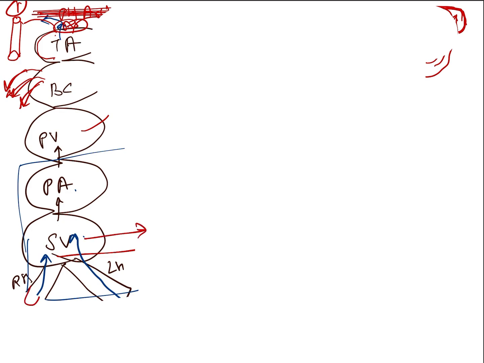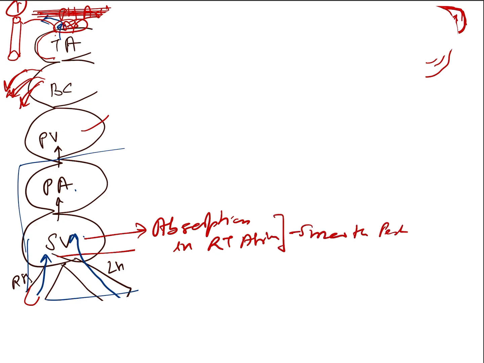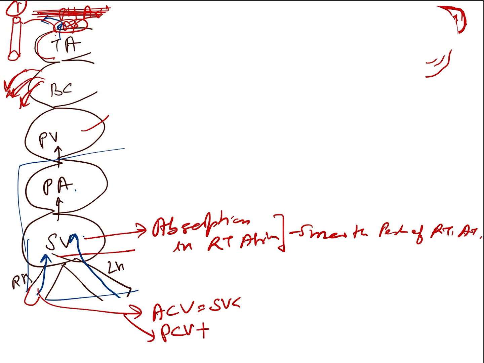This sinus venosus, after absorption into the right atrium, will form the smooth part of the right atrium, and the right horn with the anterior cardinal vein will form the SVC, while the right horn with the posterior cardinal vein and vitelline vein will form the IVC and portal vein.